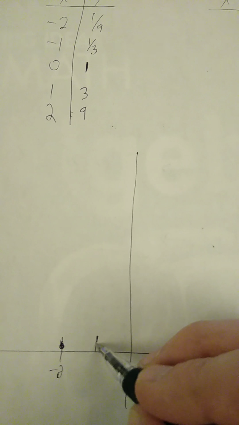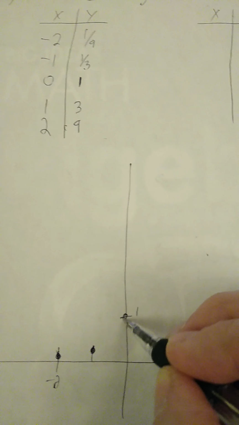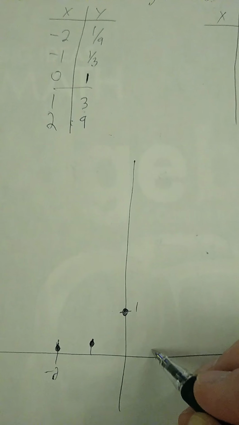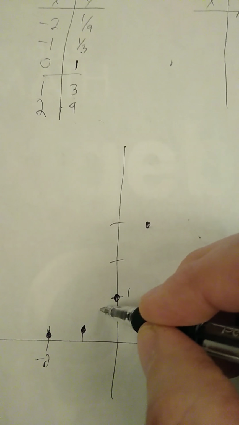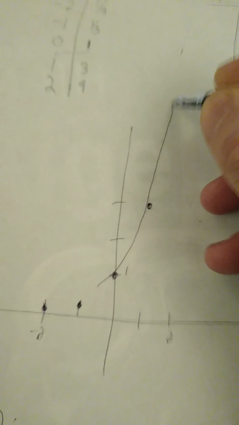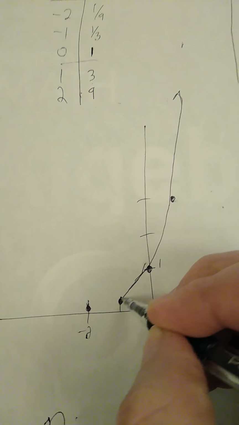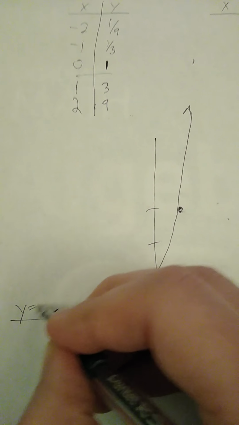Negative 1, I'm at 1/3, still very small. 0, I'm up at 1, center point. 1 comma 3, and 2 comma 9. And 9 would be way up here. It's growing exponentially. This way it's coming down, and it's decaying exponentially going backwards to the left. Remember, this is following an asymptote y equals 0, getting ever closer to 0.